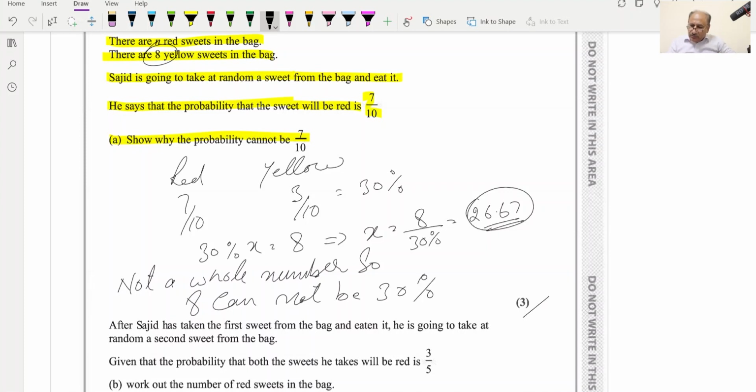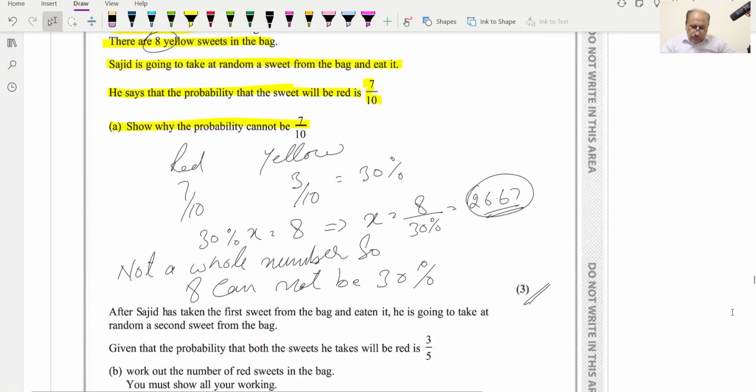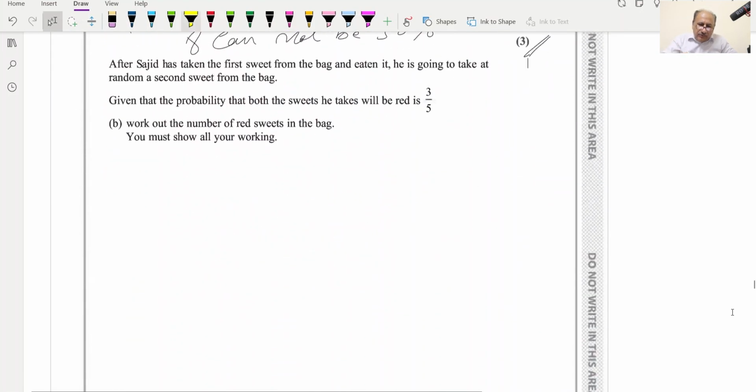So this is done. This was basically a 3-mark question. And after Sajid has taken the first sweet from the bag and eaten it, he is going to take at random a second sweet from the bag, given that the probability that both the sweets he takes will be red is 3 by 5.